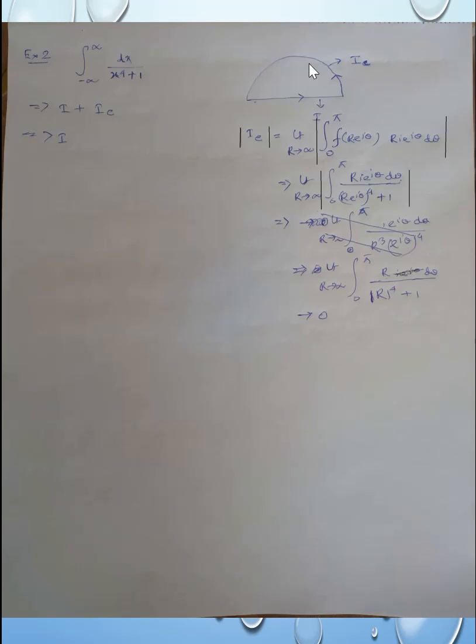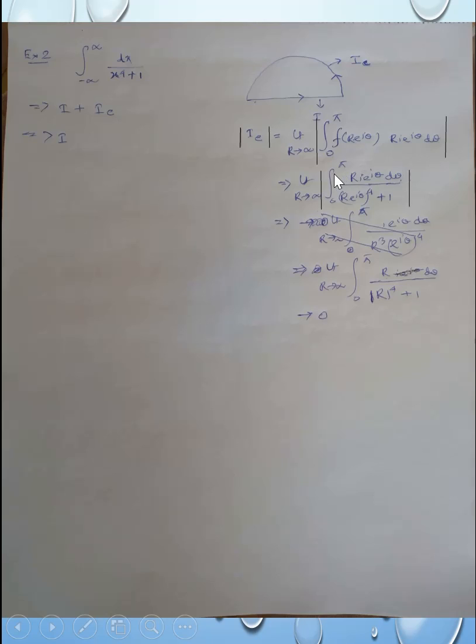But here you have considered the semicircle, right? Now, we go forward. Simply I have replaced the function by x equals r exponential i theta, and we got this equation.